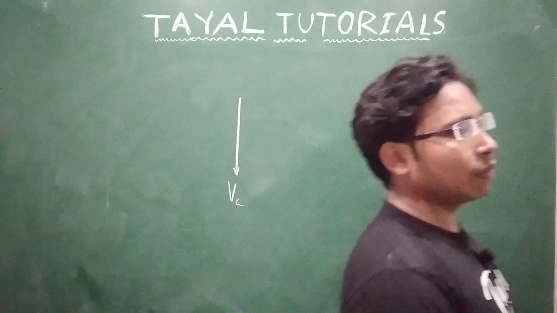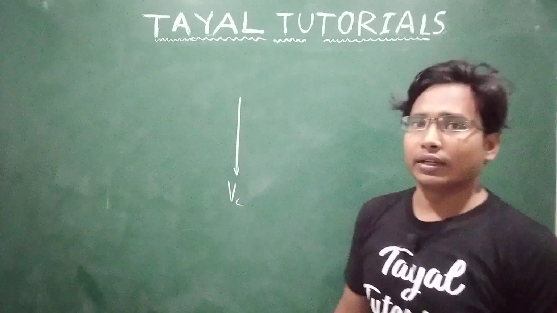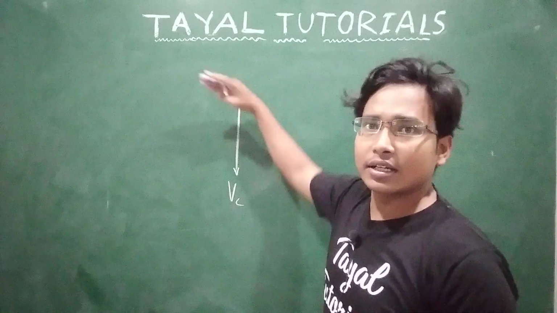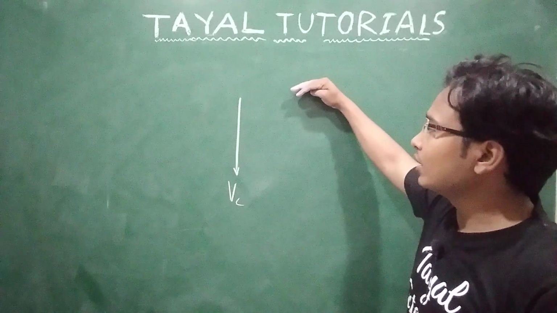So definitely that will be 90-degree lead. Okay, so 90 degrees, anyone can draw. If this is fixed, the 90 degrees can be here, or 90 degrees can be here. So my idea is to draw lead.